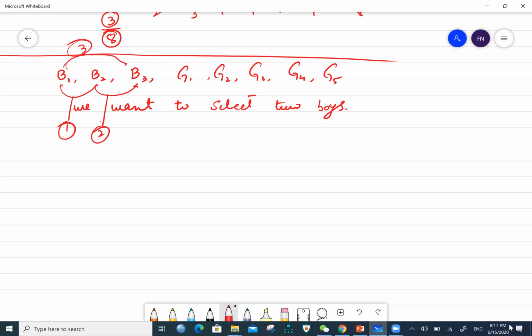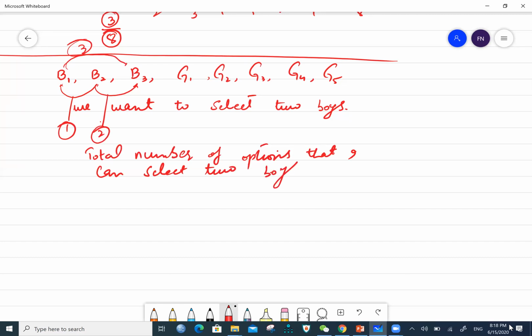So the total number of options that I can select 2 boys is 3. Now, out of how many students? Out of 8 students.